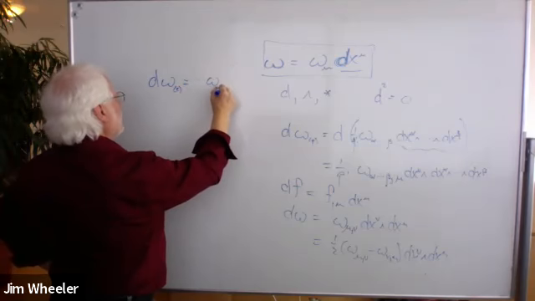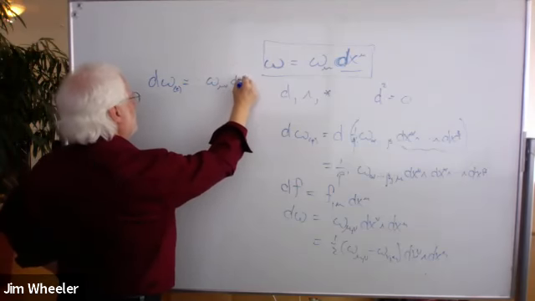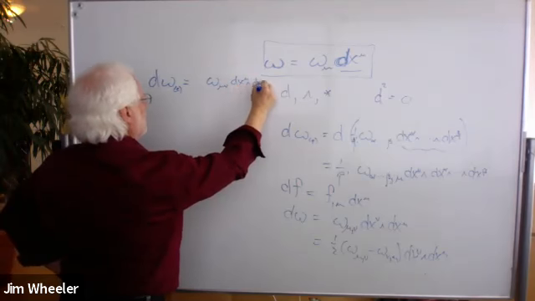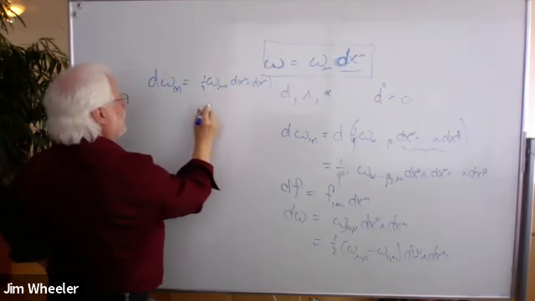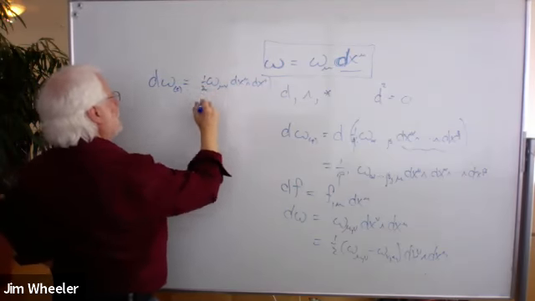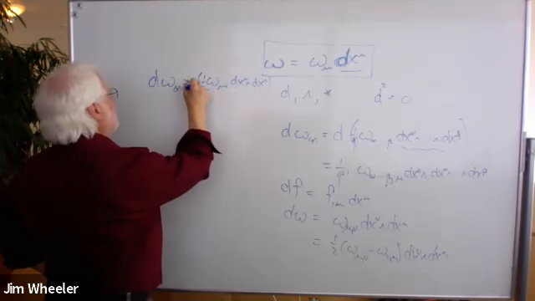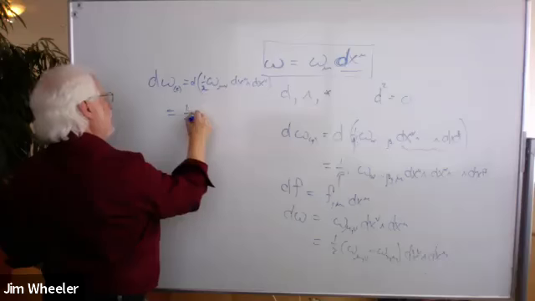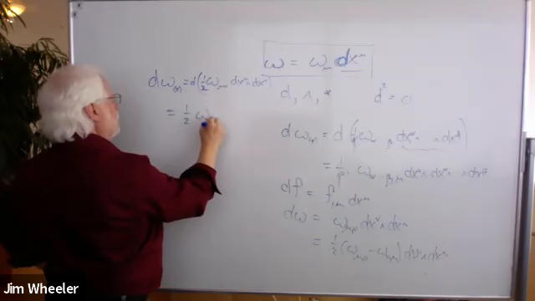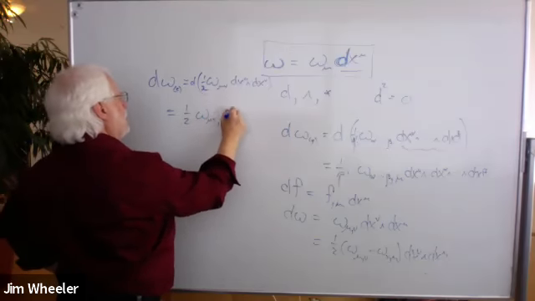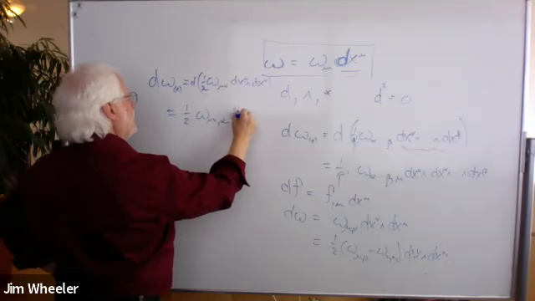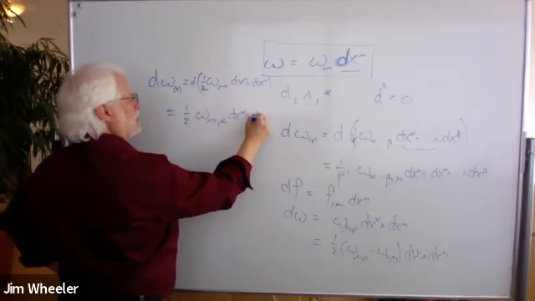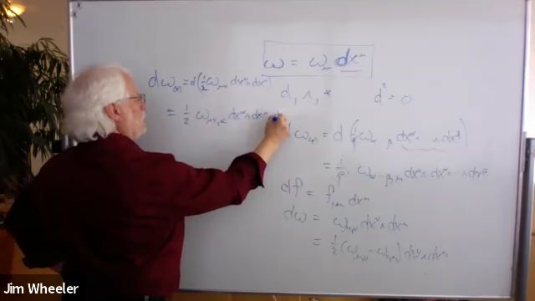Well, we have omega mu nu dx mu dx nu, probably with a 1/2 factorial normalization, and we want d of that. So we're going to have a half omega mu nu comma alpha dx alpha dx mu dx nu.